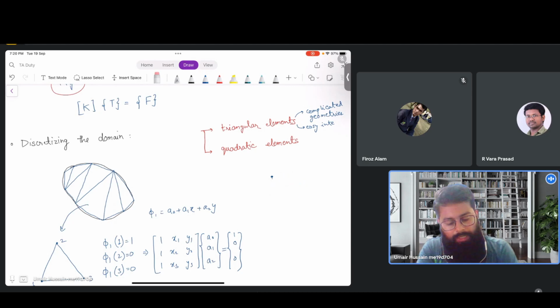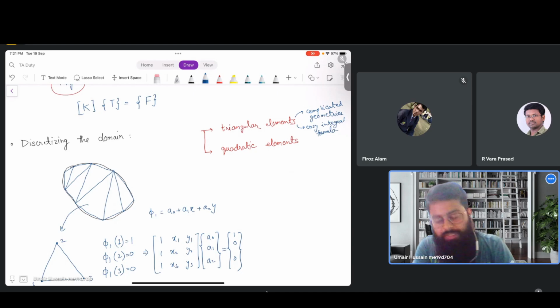But one important advantage of triangular elements is that for many polynomial integration over a triangular element, let me write this first.